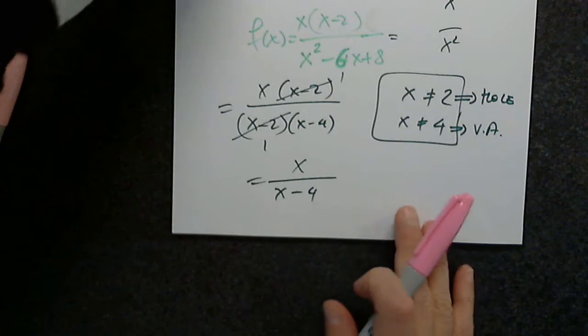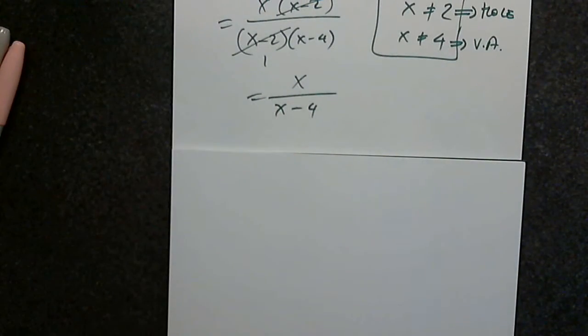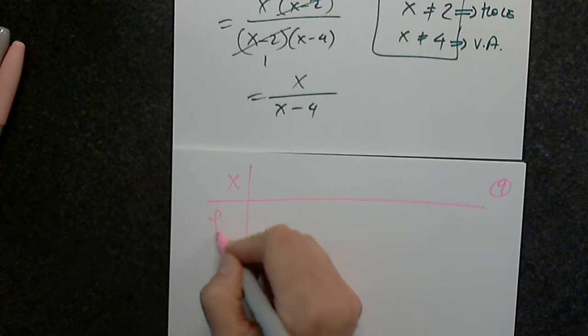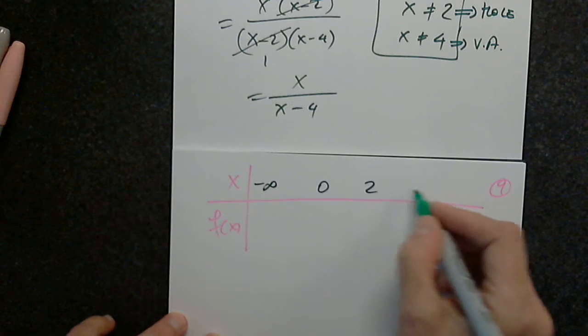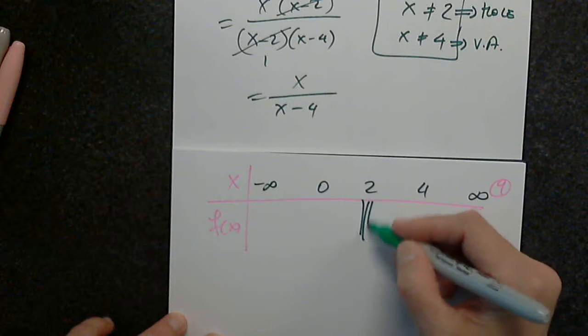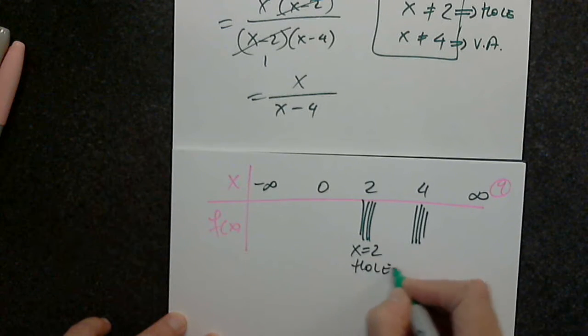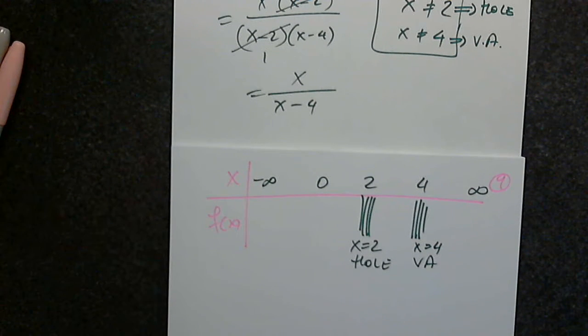Ready? Domain, please. And you can say, can't you see it? It's right there, your nose. And I'll have to say yes, you're right. What do we know once we know that x equals 4 is a VA?